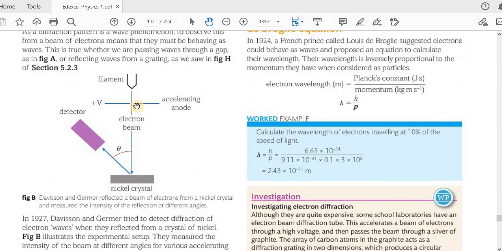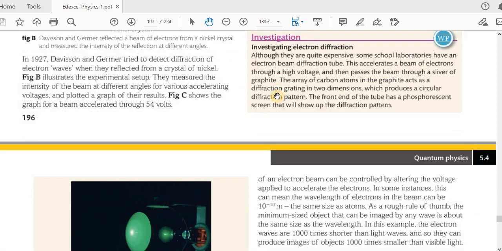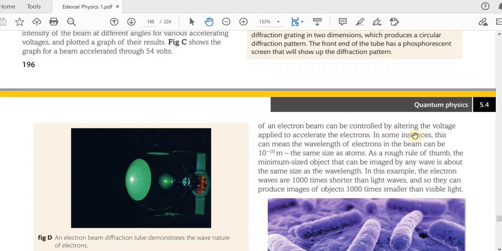So if you can change the voltage here, the potential difference, then you can change the wavelength. In some instances, this can mean the wavelength of electrons in the beam can be 10 to the power minus 10 meters, the same size as atoms. Okay, so you can adjust it so that you get this wavelength for those electrons.